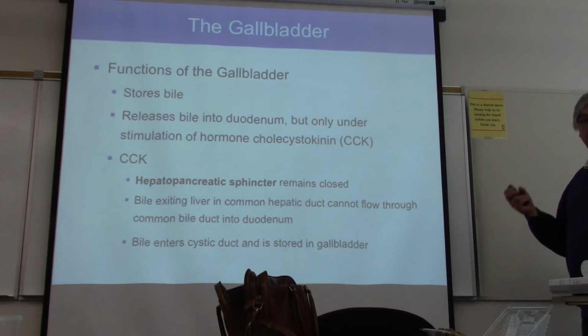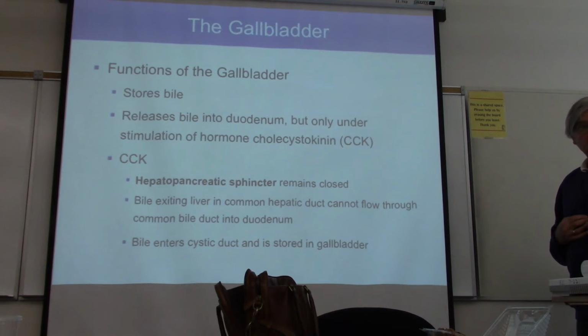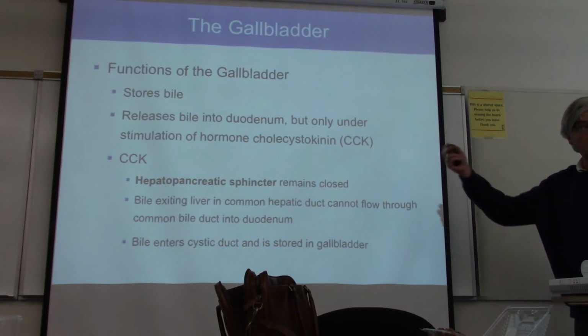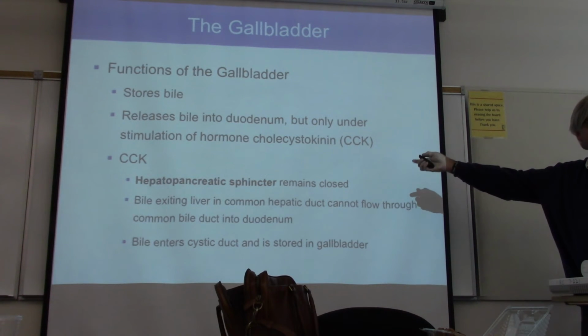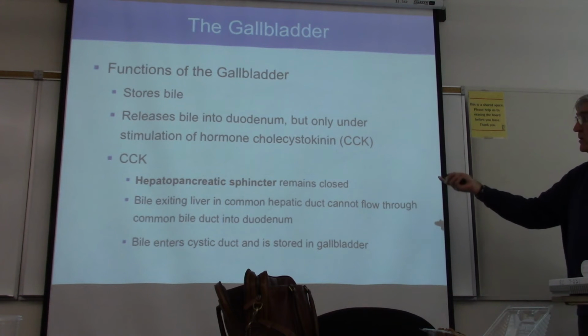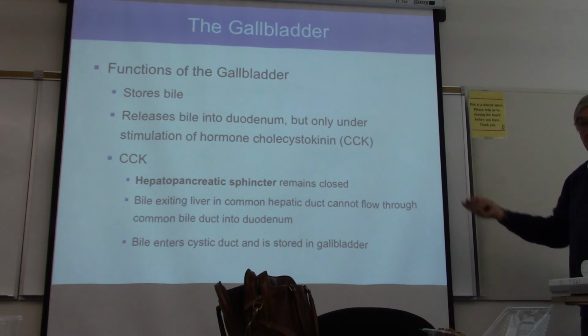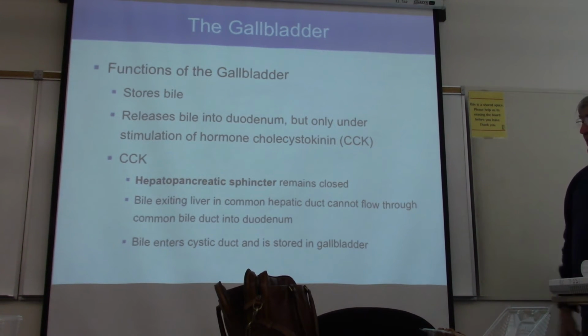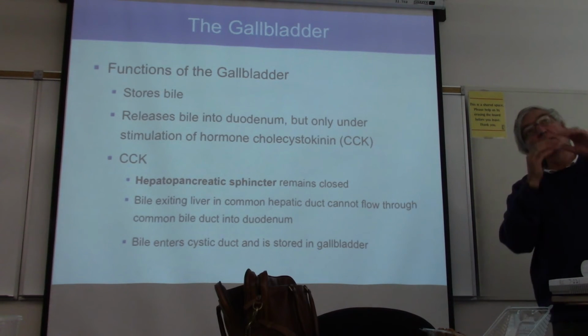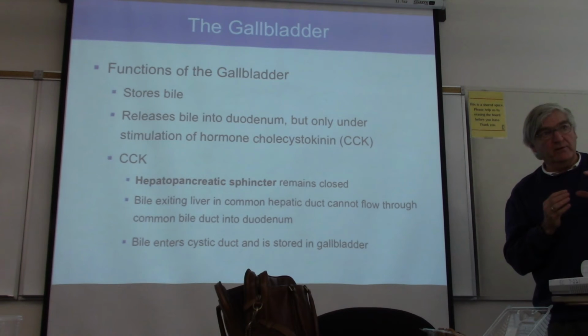Now, this is the normal situation. You eat a meal, food churns in your stomach and starts being dumped out into your duodenum, and the wall of your duodenum secretes this hormone that we've talked about a little bit, and will talk about more now, called CCK, cholecystokinin. Basically, cholecystokinin says to the gallbladder, hey, Mr. Gallbladder, we've got a bunch of fat down here in the duodenum.